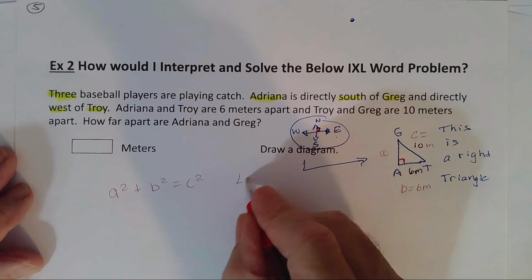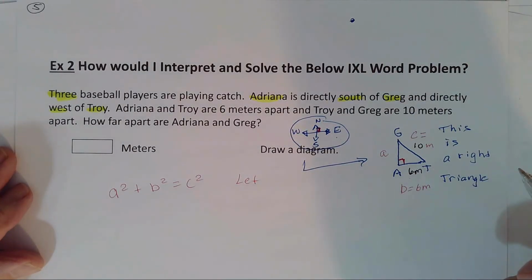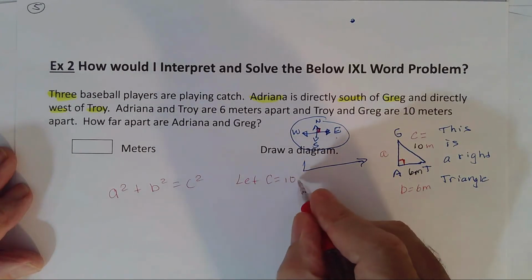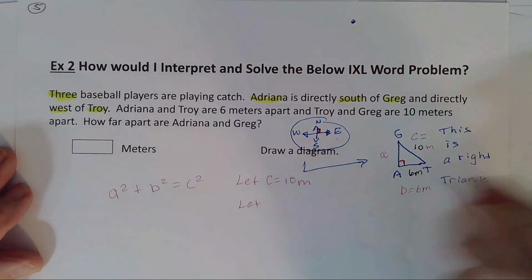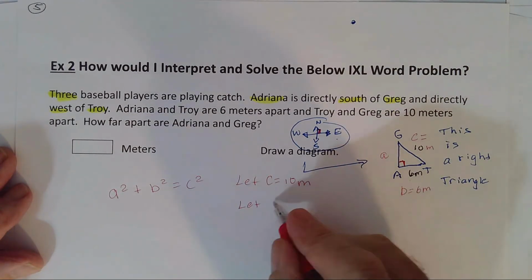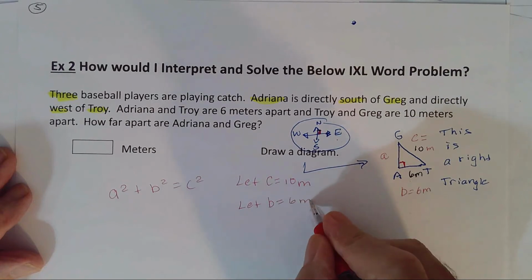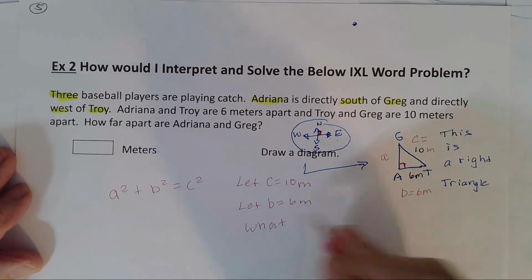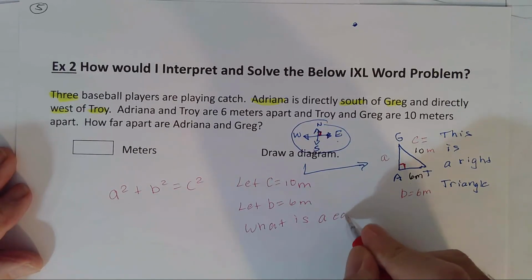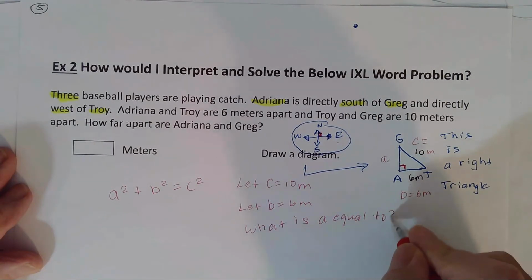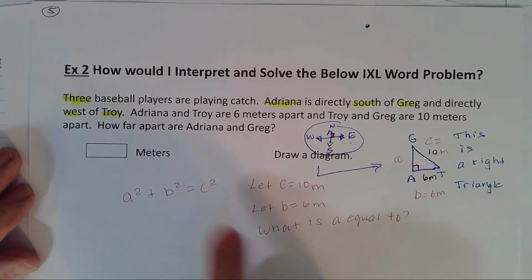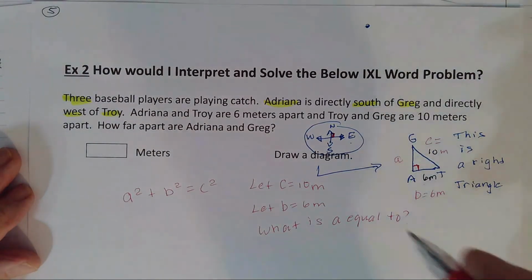Let C equal 10 meters. Let B equal 6 meters. What is A equal to? Okay, that's what we're looking for. All right, so we know this is C, so this is going to be 10.